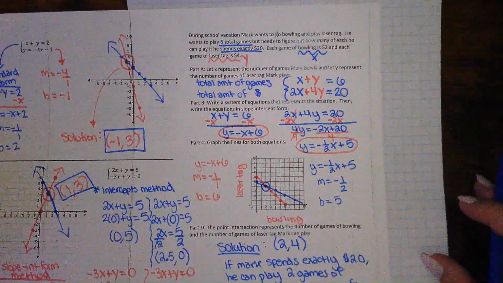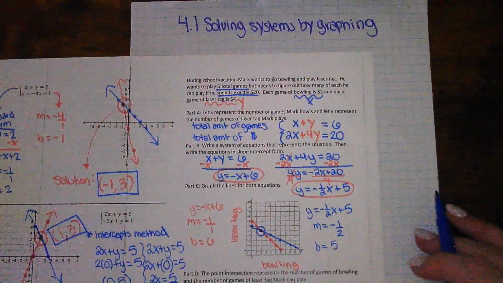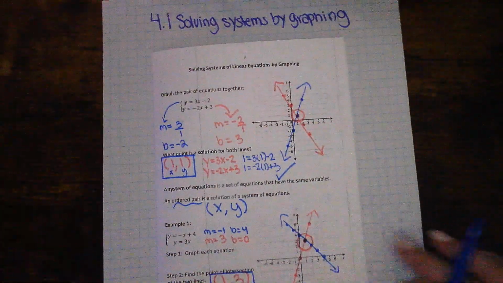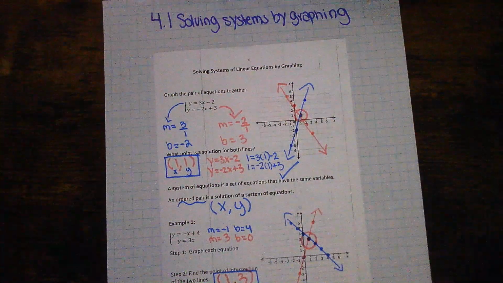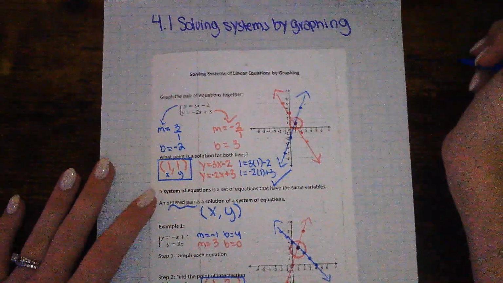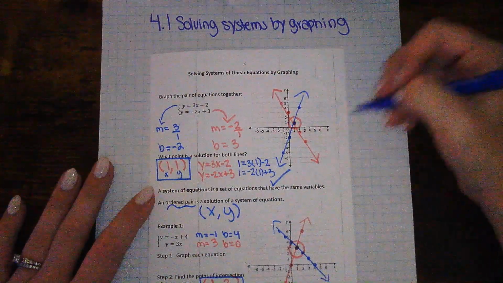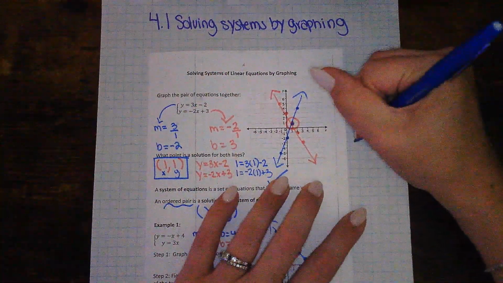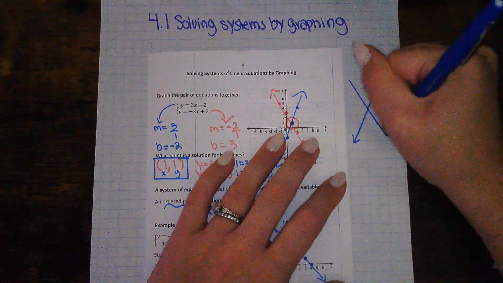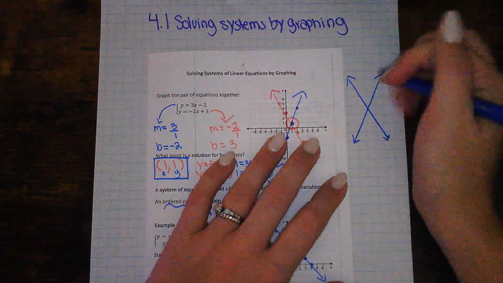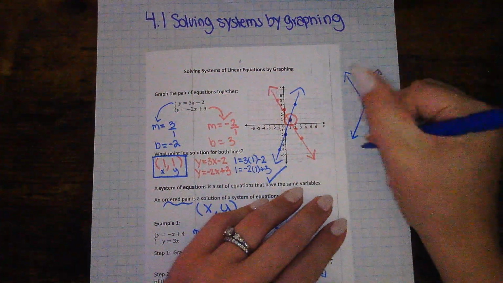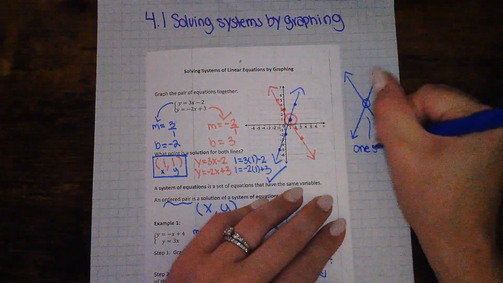One more quick note I want us to make on this note taker in our margin over here is special types of solutions with systems. So all of the solutions that we've seen so far have intersected at one point. And when that happens, there is just one solution to the system.